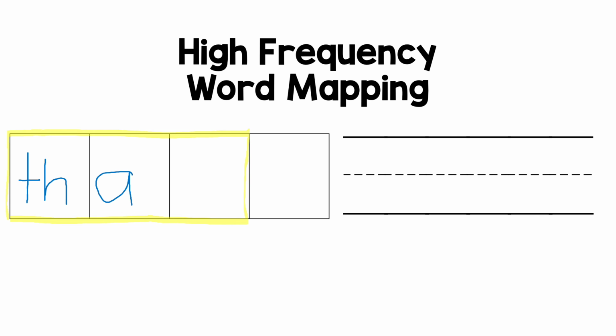What's that last sound you hear? That's right. /t/. The letter T says /t/. Those are the sounds in the word that. Let's write it on this line. T, H, A, T spells that. Good work today.